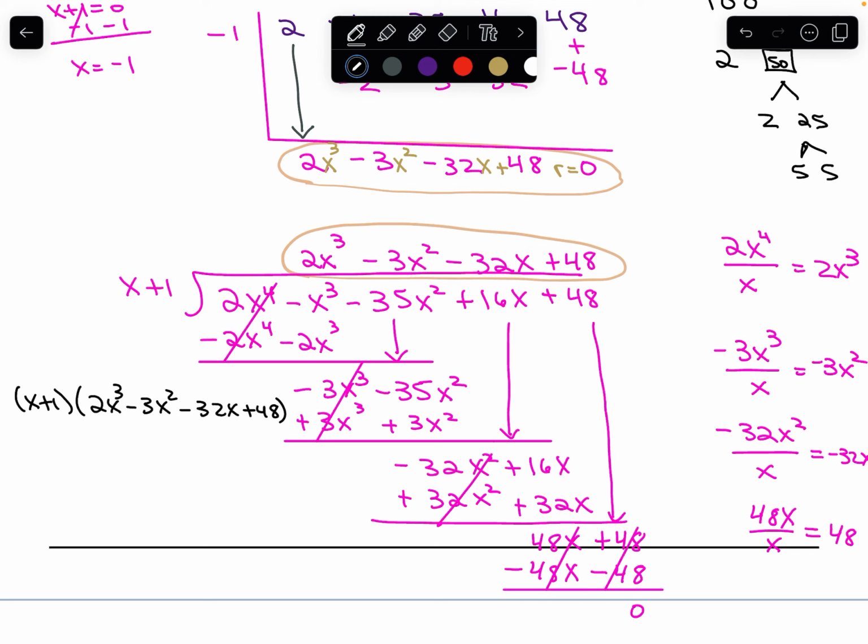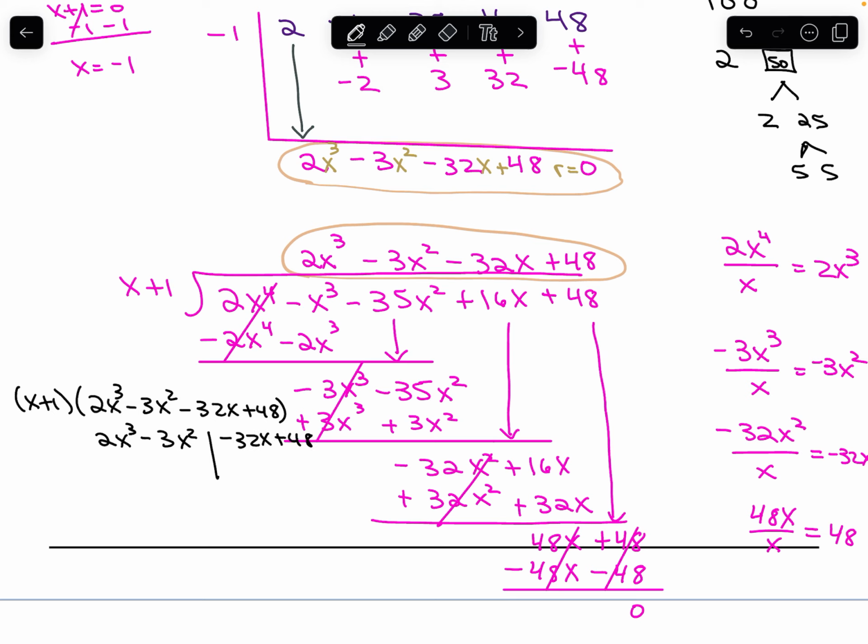Now, can we factor this expression anymore? Well, let's see. Can we factor this by grouping? I'm going to take 2x to the third minus 3x squared, negative 32x plus 48.